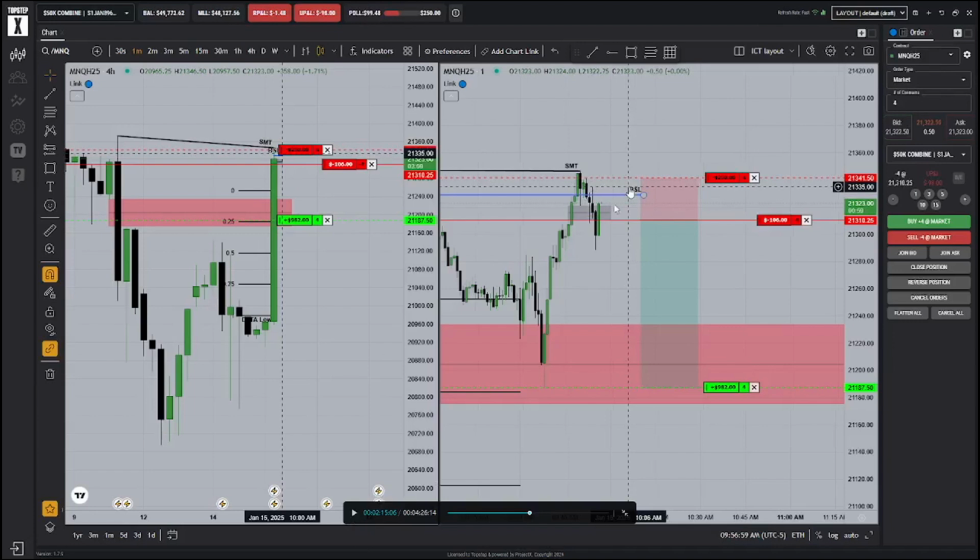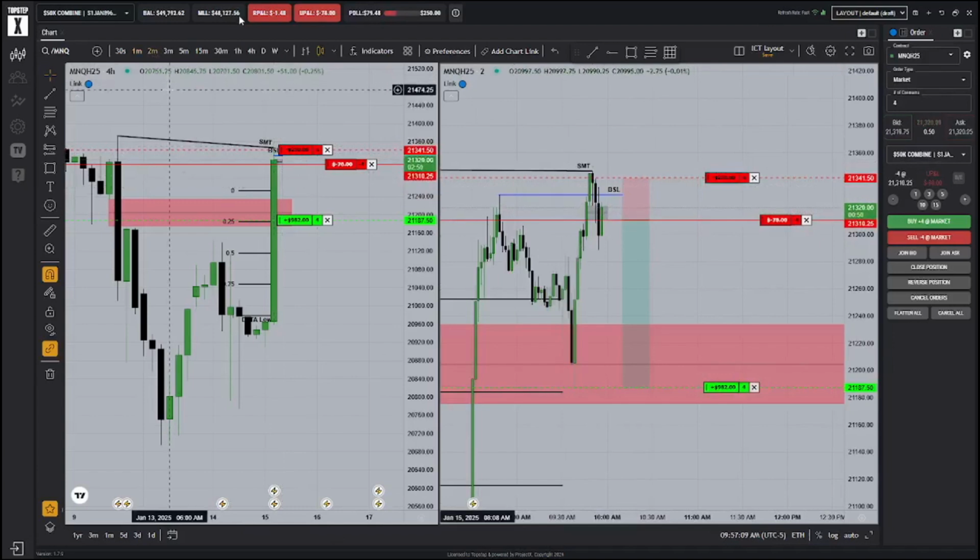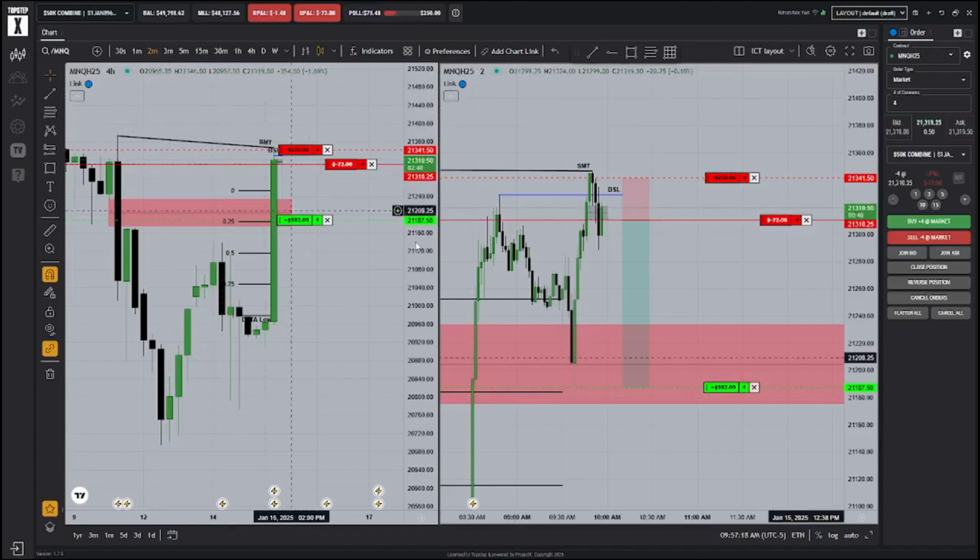It's not fully leaving or rejecting this inverse FVG, so we're in a little bit of trouble. So I end up switching to another time frame to see if we have any other PD array that would be bearish and help us go short in our favor.